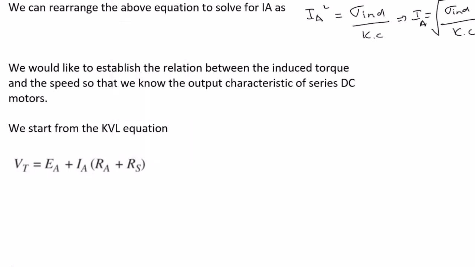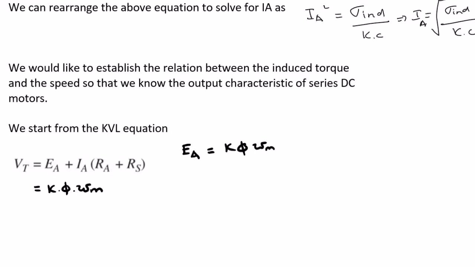Okay, now we know that Ea is equal to K pi omega m, just the speed. So we can write this as K times pi times omega m.